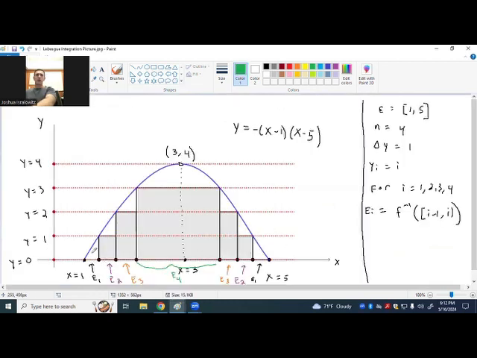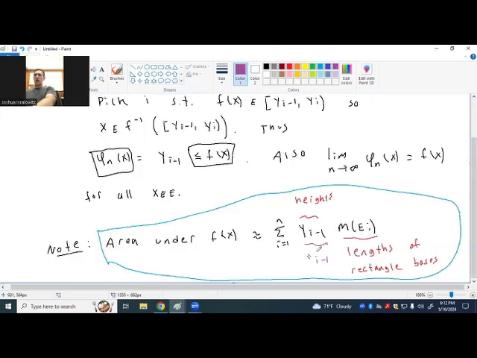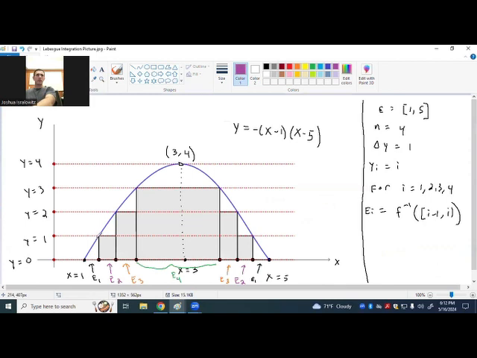There's really no area, because we have rectangles of height 0, basically. In the case i equals 2, y_2 is 1, so we have heights of 1, and the measure of E2 is just the length here plus the length here. So we have these two rectangles. Just fill all this in, and fill all this in.